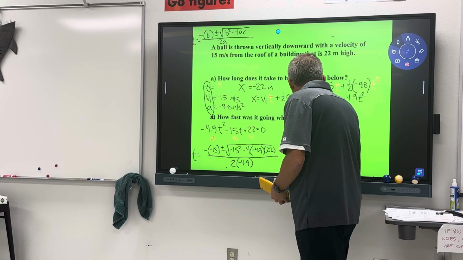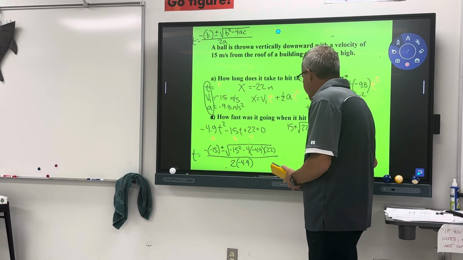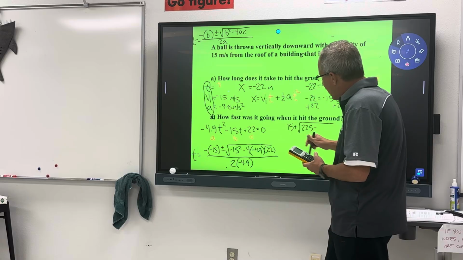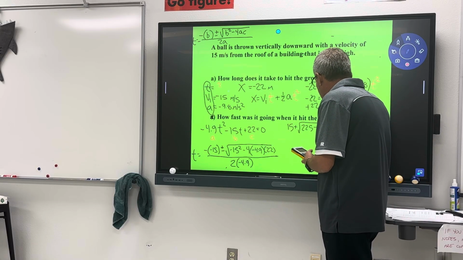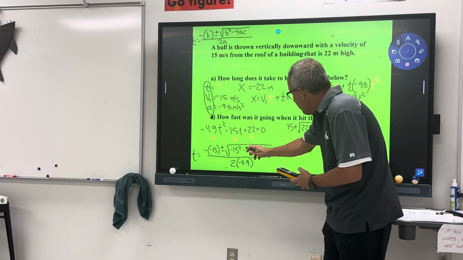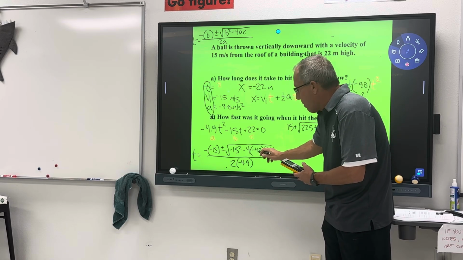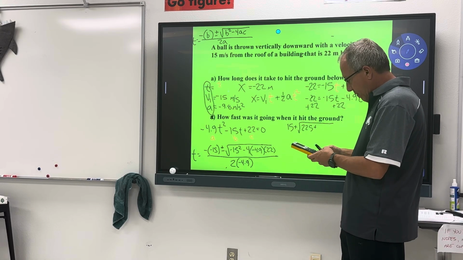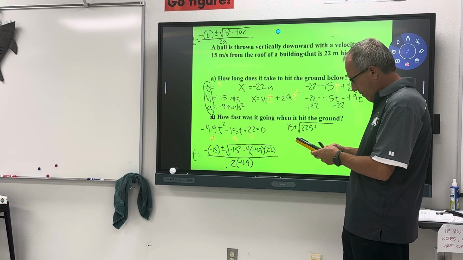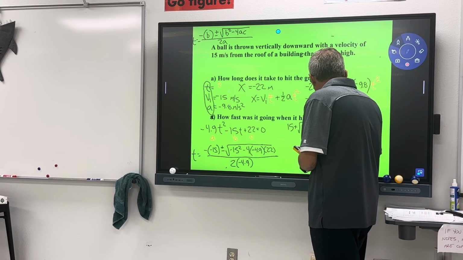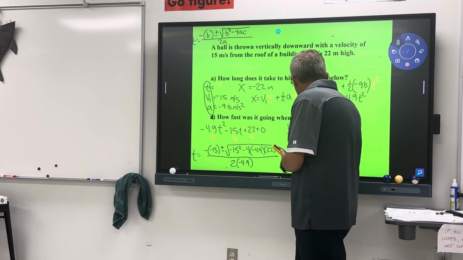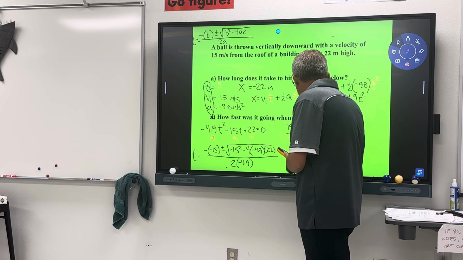So this is 225 minus 4 times negative 4.9 times 22; the negative makes this wind up being positive. 4 times 4.9 times 22 is 431.2, so plus 431.2, all over 2 times negative 4.9, which is negative 9.8.